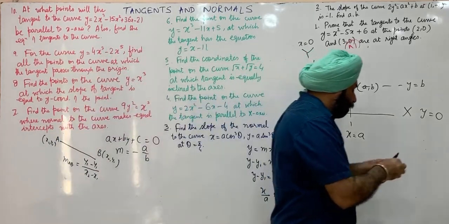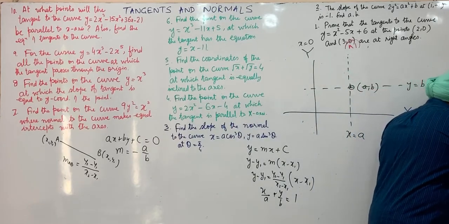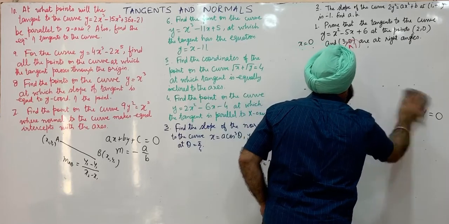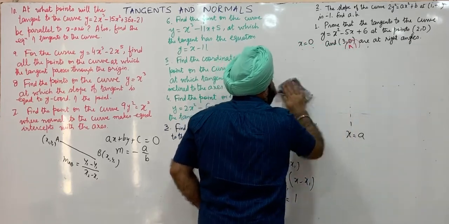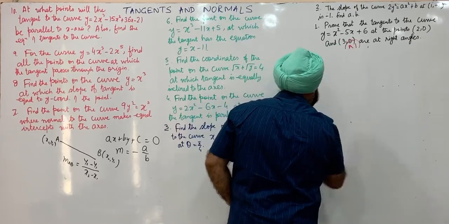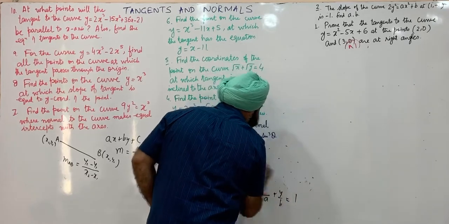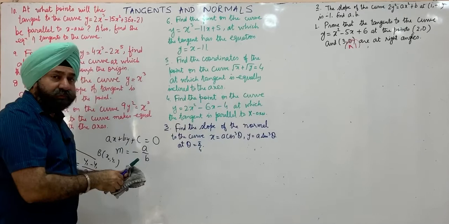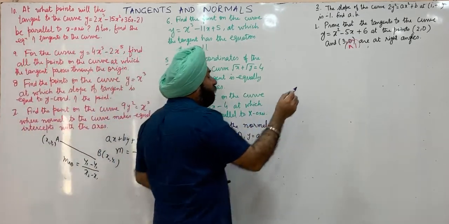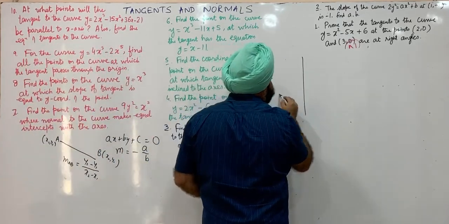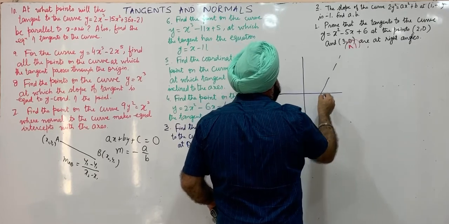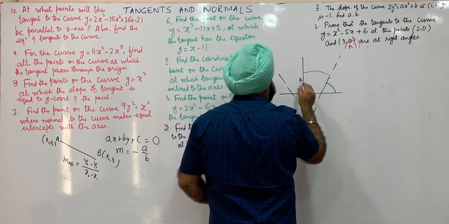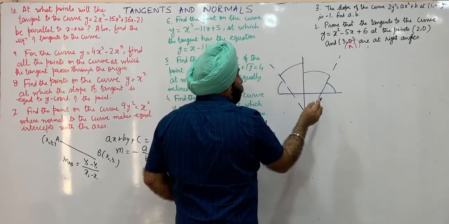Next, if we have a line which is equally inclined to the axes, it may be this line or this line. This angle is equal to this, or this is equal to this.